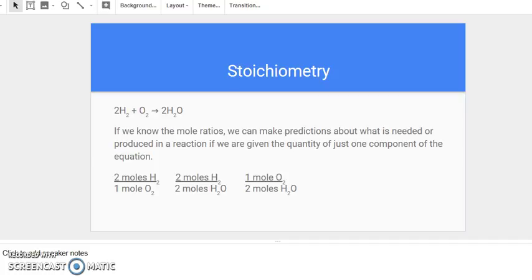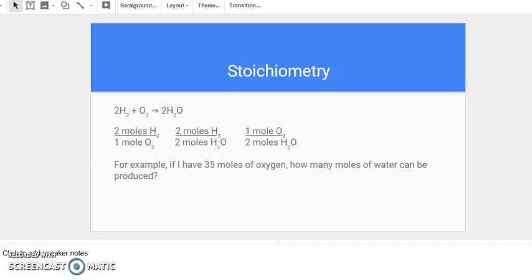So because we know this, we can use these to make some predictions, right? So for example, if I have 35 moles of oxygen, how many moles of water could be produced from that?